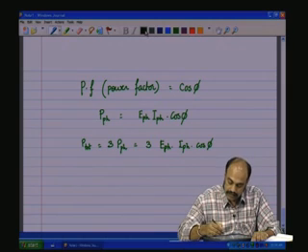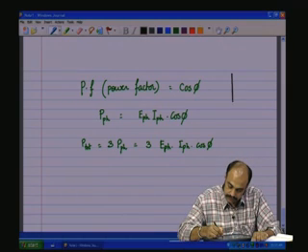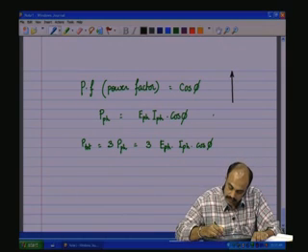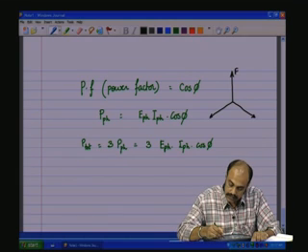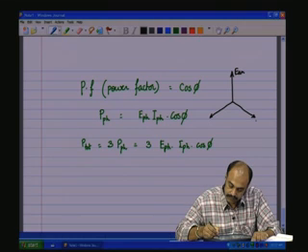Just to give you an idea here. So, if we have, let us say, the phase voltages of a star circuit, this is EAN, EBN, ECN.